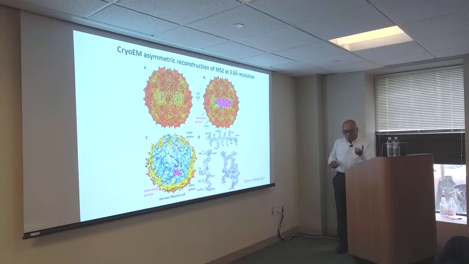The second thing is, if you open up the inside, you'll see this blue density. Immediately when you look at this, there's Watson-Crick base pairing, because you have the major groove and the minor groove of the Watson-Crick arrangement. So you say, how come? Because this is a single-stranded RNA. How can you see this?